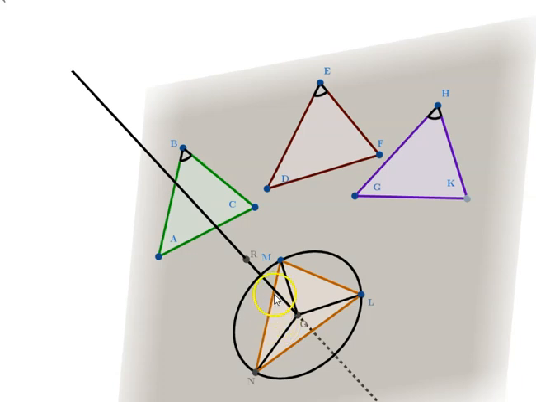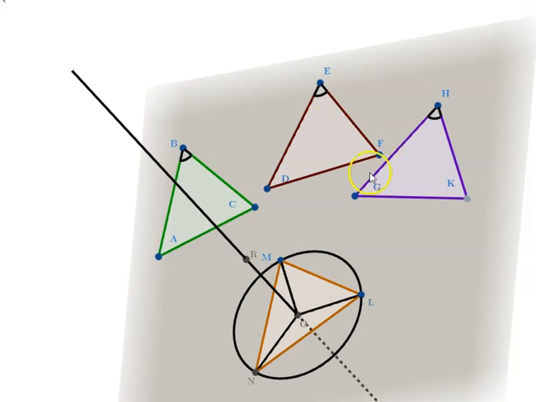Similarly, we can prove for the other two triangles also: triangle DEF is congruent to MON, and triangle GHK is congruent to NOL. But that means what? These three angles added together will give us 4 right angles.